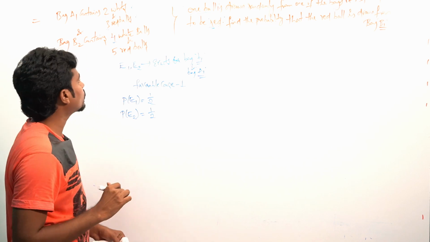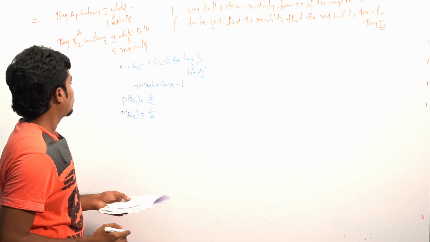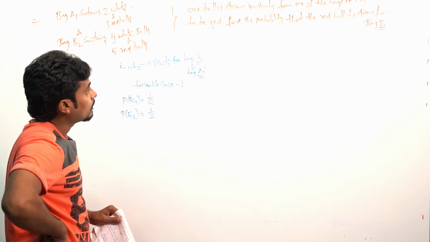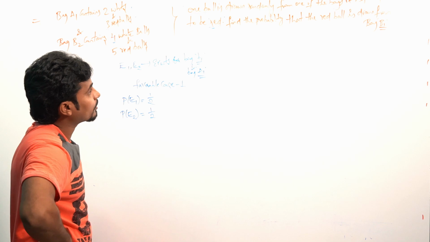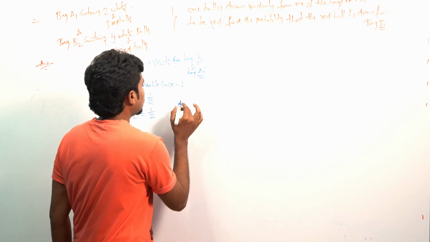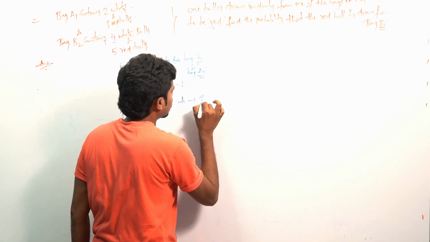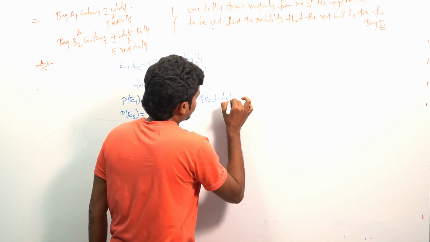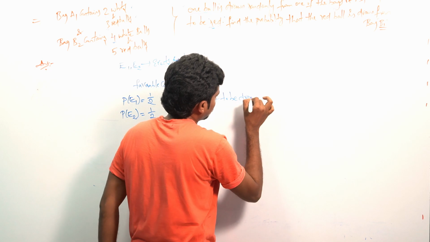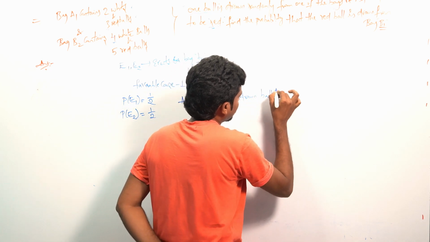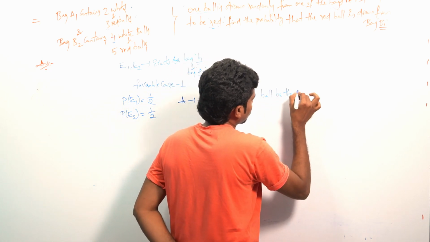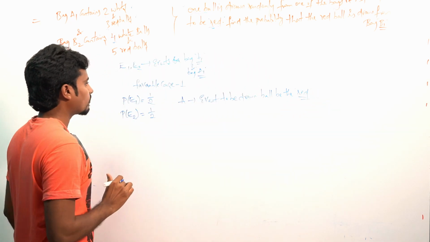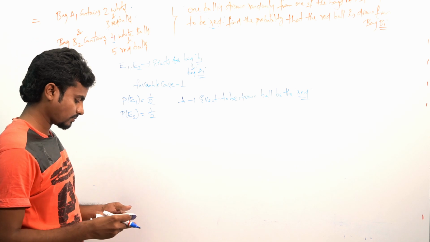Next, take another event: find the probability that the red ball is drawn from the bag B1. Let A be the event that the ball drawn is red.